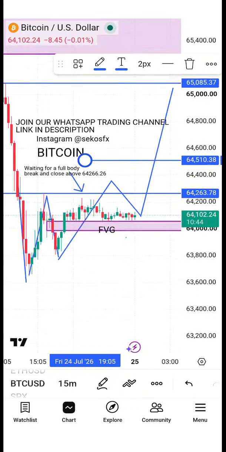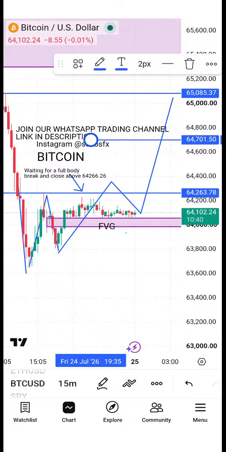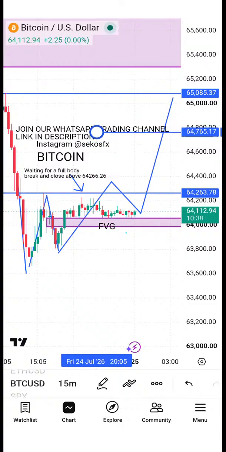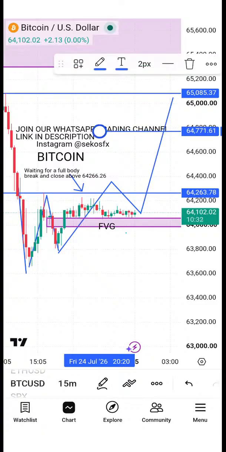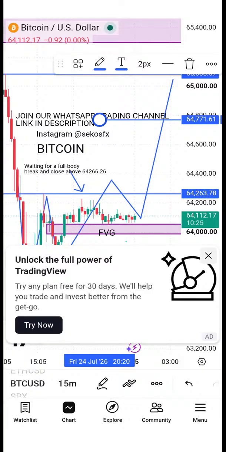64771. Where is 64771? Around here. You take a scalp trade for a buy or for what?